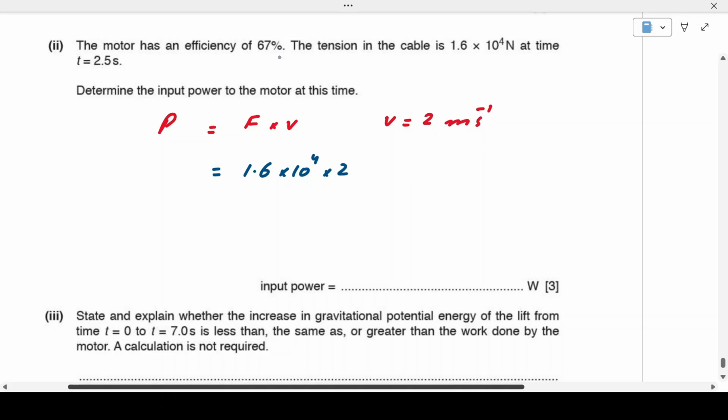The motor has efficiency of 67%. The tension in the cable. So we need to find the input power to the motor at this time. So we'll find this power, the total power, and then we can find 67% of that power.